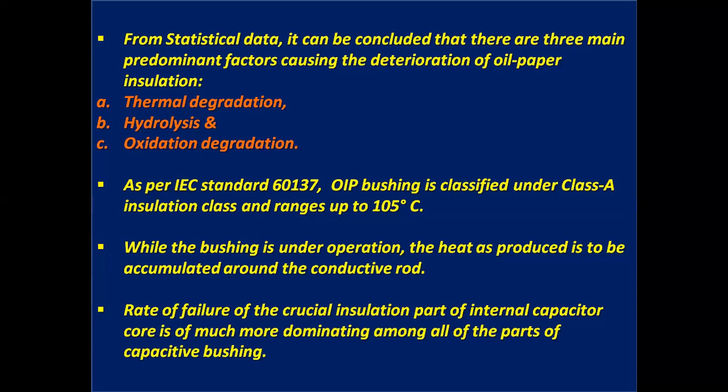While the bushing is under operation, the heat produced is accumulated around the conductive rod. The rate of failure of the crucial insulation part of the internal capacitor core is much more dominating among all of the parts of the capacitive bushings.